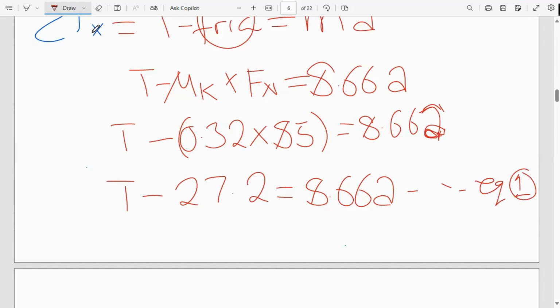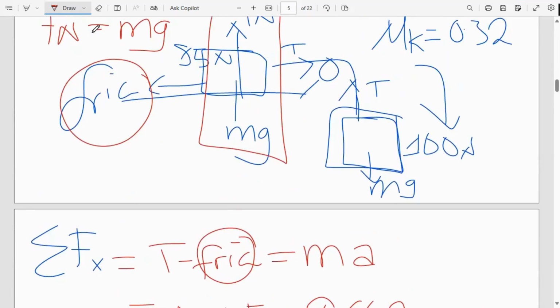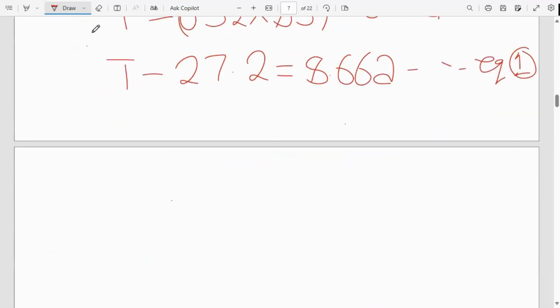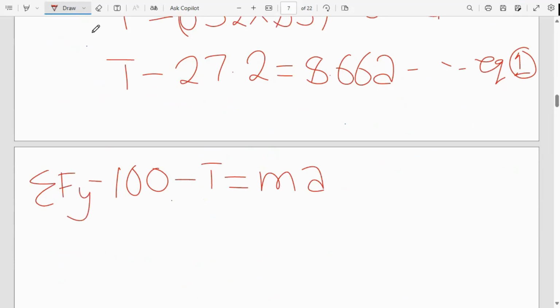Now let's check the forces on this other object here. You can see the tension on this object is against the direction of our acceleration, which means it's a negative force, whilst the weight of this object is the one which is a positive force. So I'll say our weight, which is 100 newtons, minus the tension. This will be equal to mass multiplied by acceleration. This is the summation of forces in the y on the object that is 100 newtons.